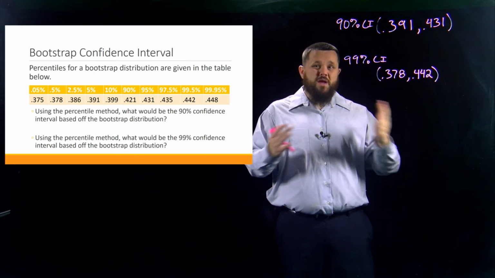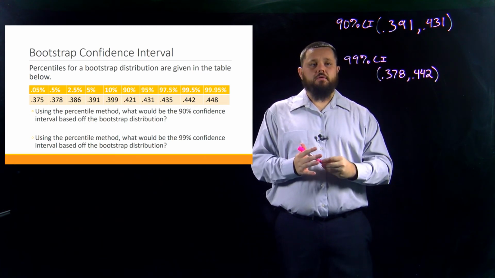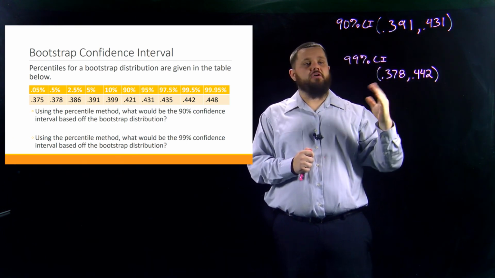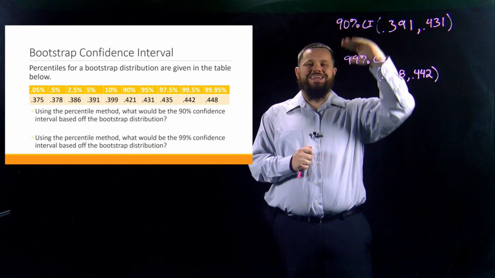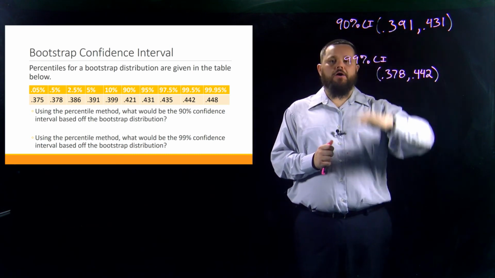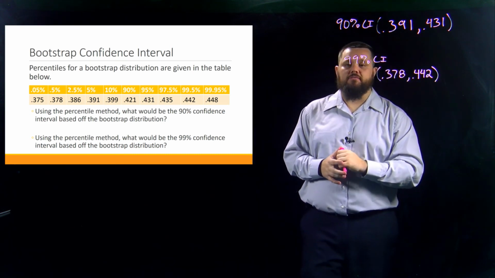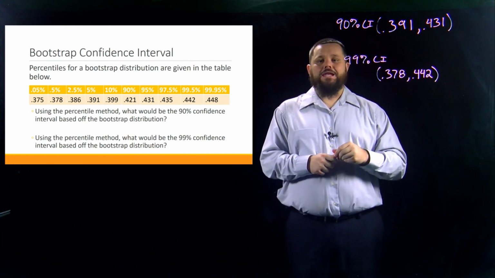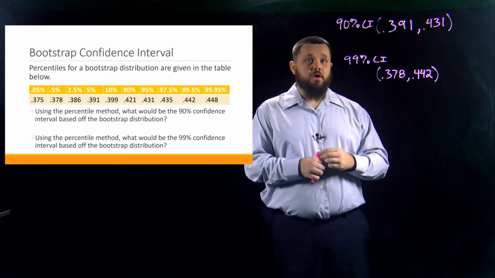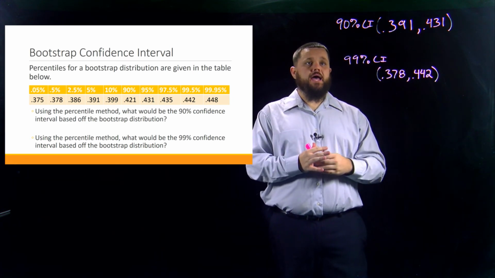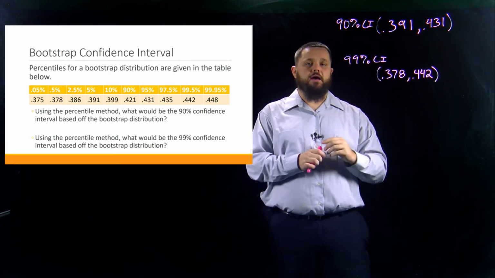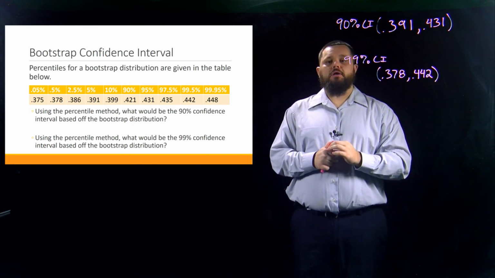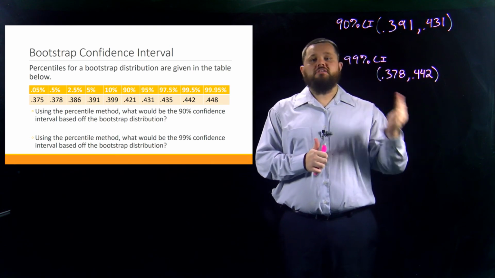Well, if we knew what our parameter was, and we could figure the percent out exactly if we knew the value of the parameter, about 99% of that long list of 99% confidence intervals that we have would contain the parameter. So, for example, if you had a list of 1,000 99% confidence intervals, then we would expect 990 of those to contain the parameter.